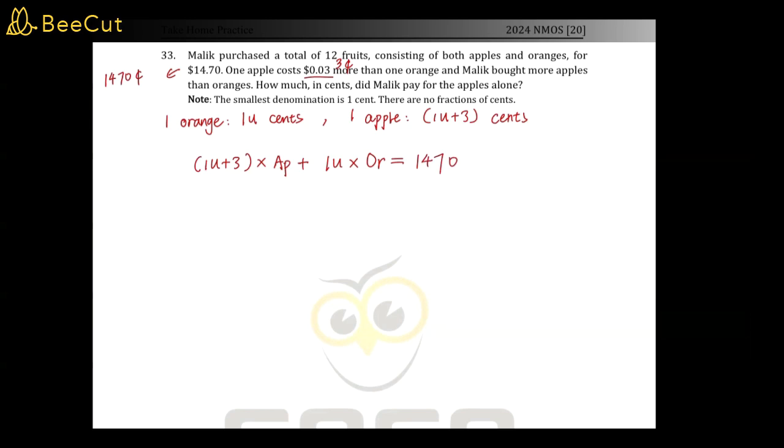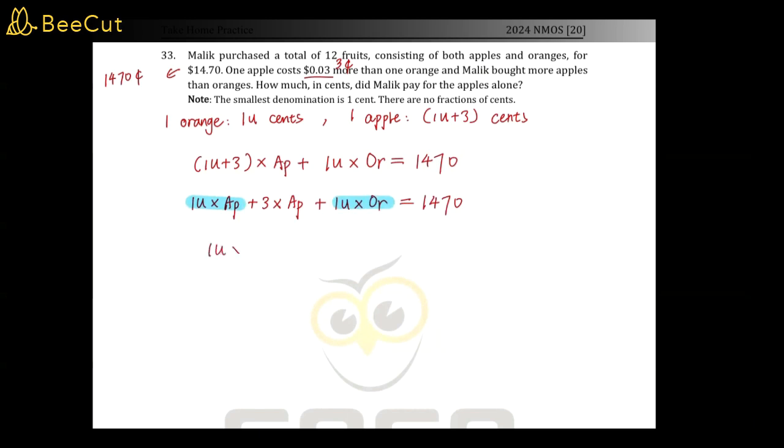Now let's simplify it. 1 U times number of apples plus 3 times number of apples, and this is 1 U times number of oranges equals to 1,470. Let's group these two together.